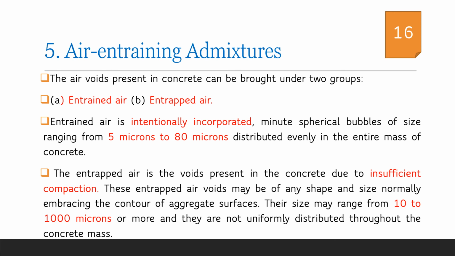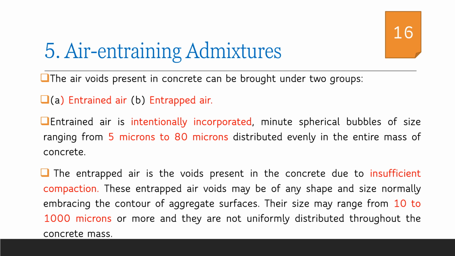Entrained air is intentionally incorporated into concrete and has smaller diameters of the order of 5 microns to 80 microns. It positively influences the properties of concrete such as workability and many other properties.